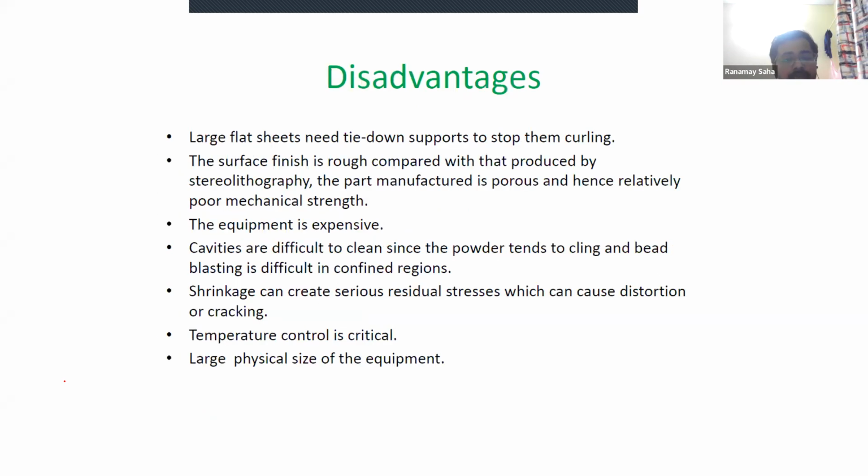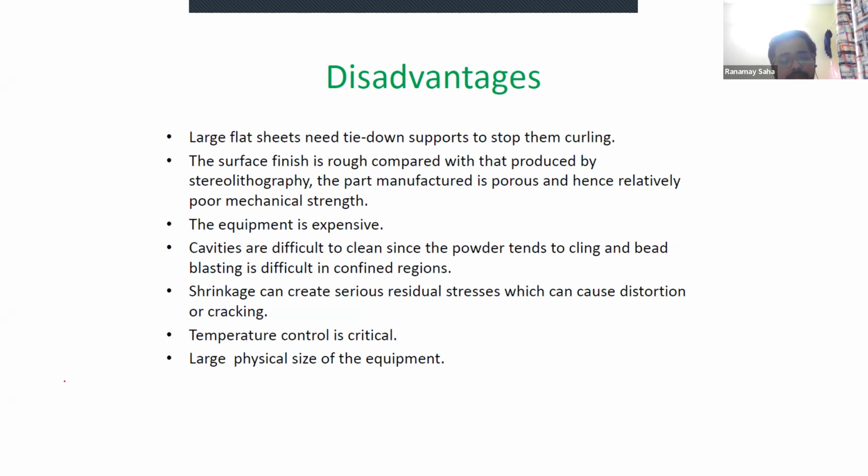Now, there are disadvantages too. You can't make large flat sheets, which need tie down supports to stop curling. And if you need additional supports for large sheets, then the surface finish is rough compared with that produced by the stereolithography processes.